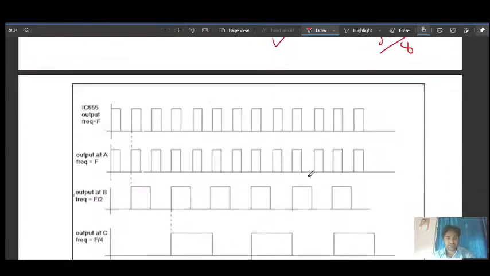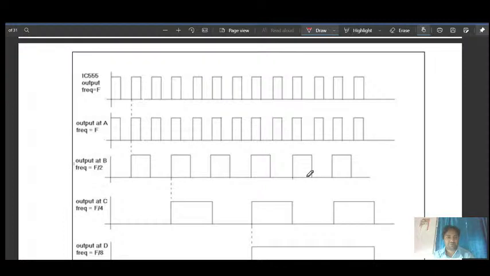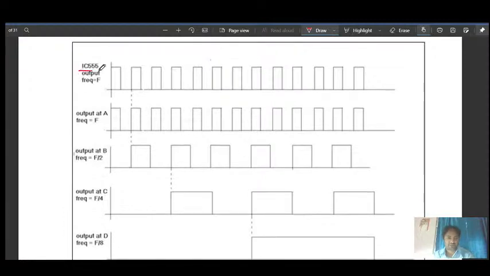So as you can see, if we are using an IC like this one, I have taken this to explain. If we have this IC under a PLC, the output frequency we get is at a frequency f.